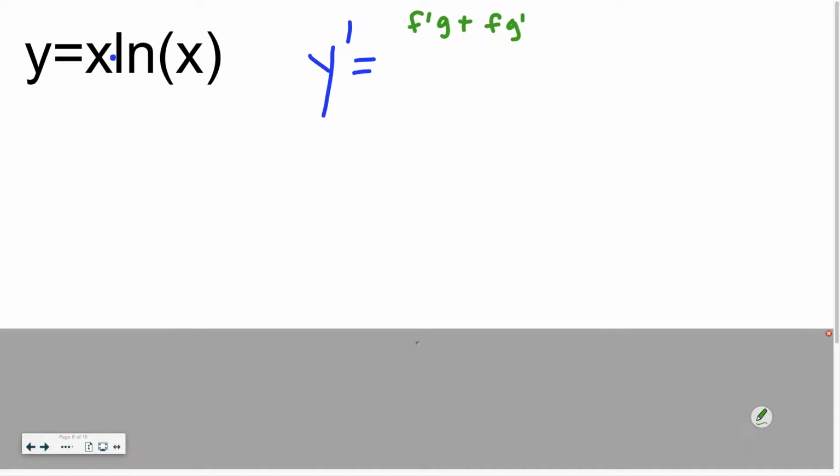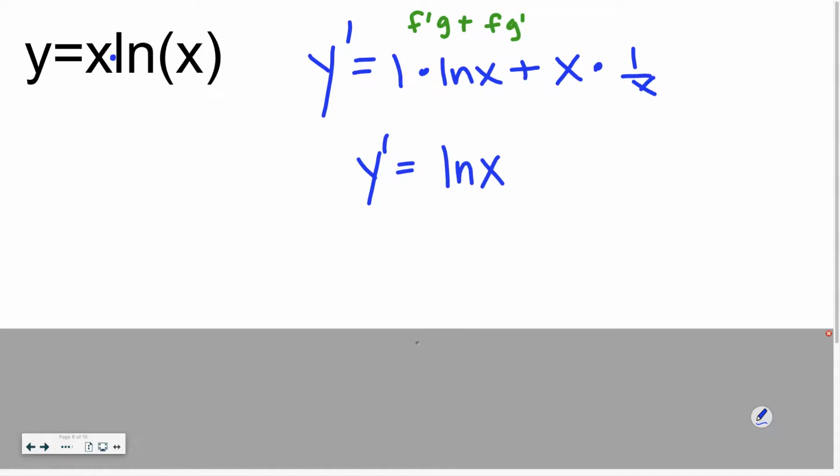What is the derivative of the first function? 1 times our second function plus our first function times the derivative of our second function, 1 over x. So we could write that the derivative is natural log of x plus 1.